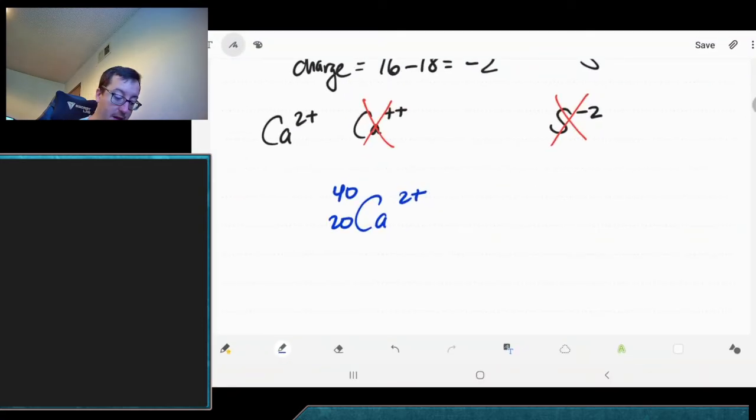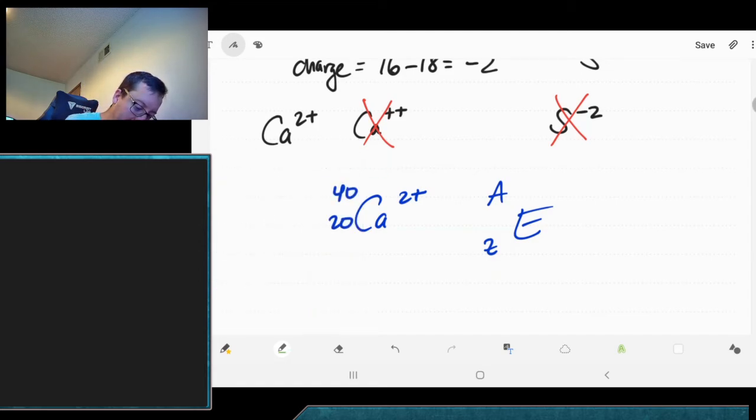This is how an element symbol might look if you want to put all the information we know about it. This is something that's called AZE notation. No, I'm sorry, we just talked about this. A is not atomic number, it's mass number. Z is atomic number, because why not? And E is the element symbol.